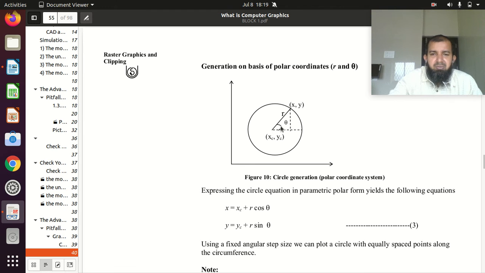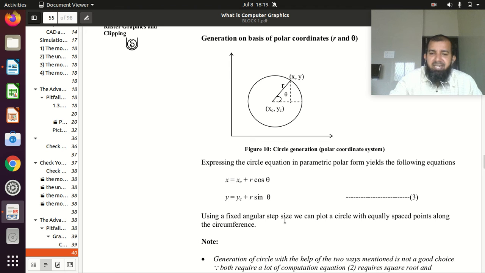So there is an angle theta, and this is x comma y, this is the position, this is the center, and this is the radius. Expressing the circle equation in parametric polar form yields the following equations: x is equal to xc plus r cos theta, and y is equal to yc plus r sin theta.